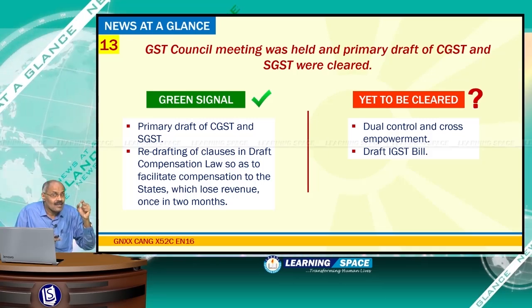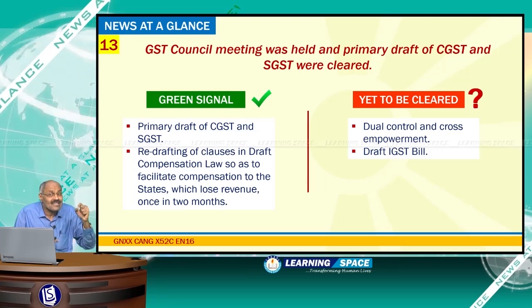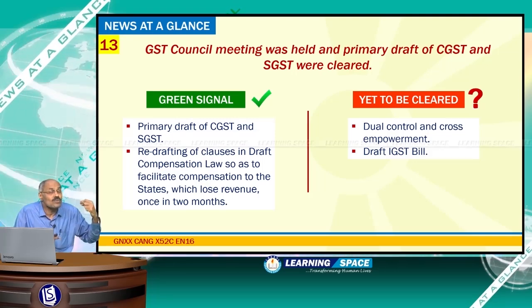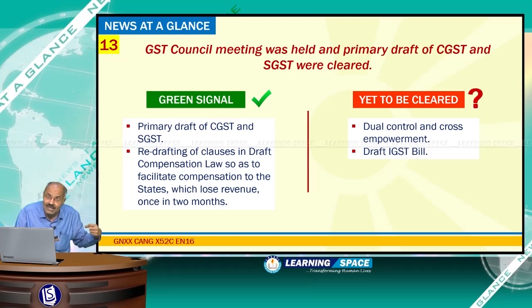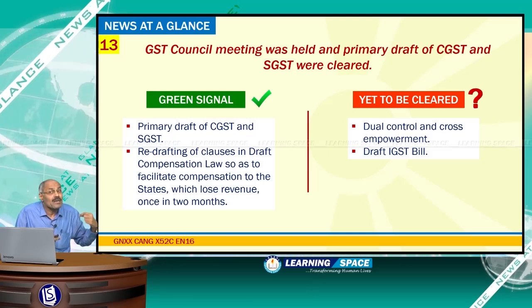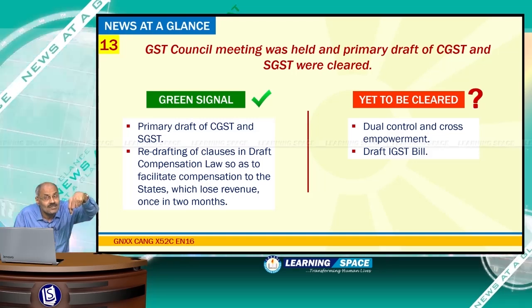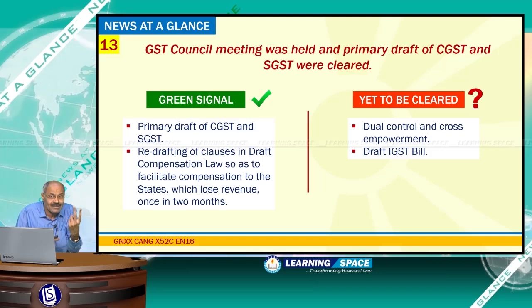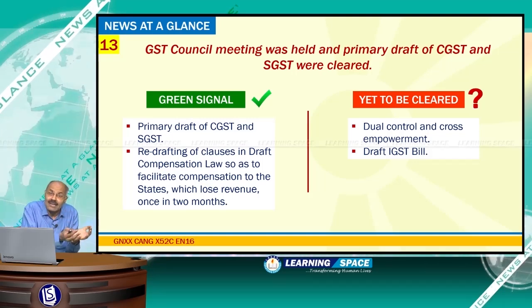Then the other important aspect is the compensation law is also cleared, because the states which lose revenue because of the implementation of GST are to be compensated for 5 years, and the compensation will be paid once in 2 months. So these things were cleared.